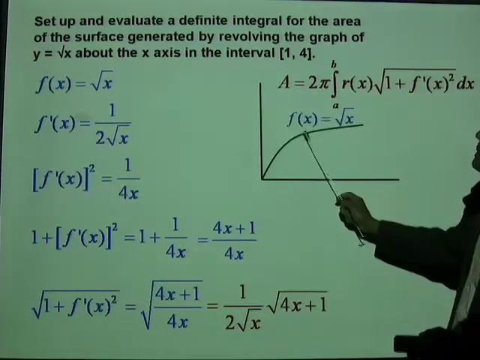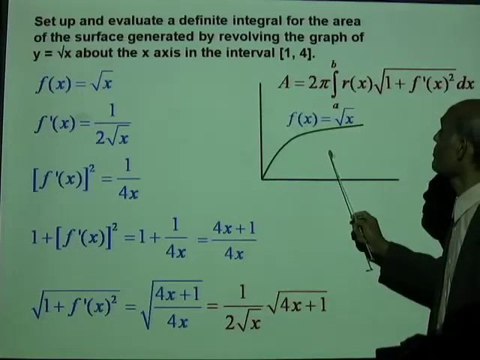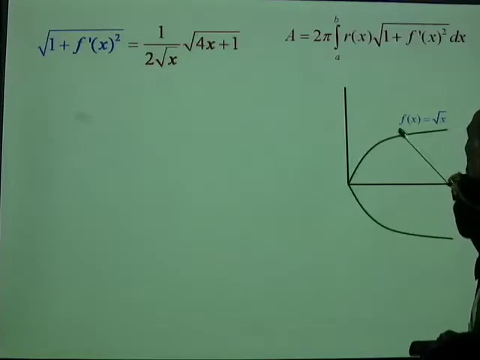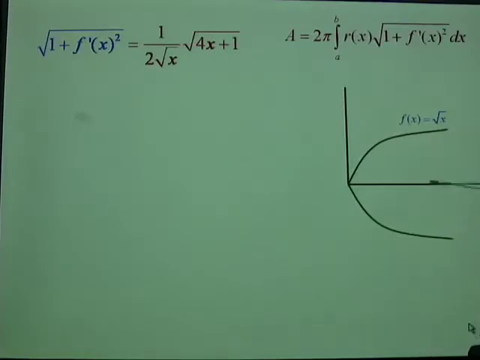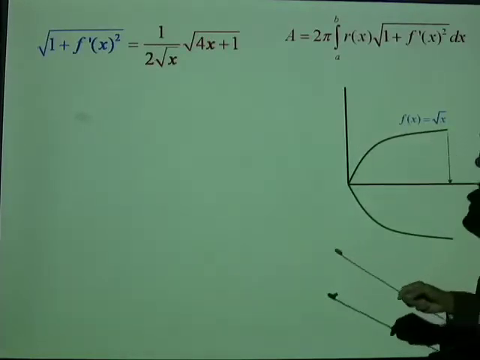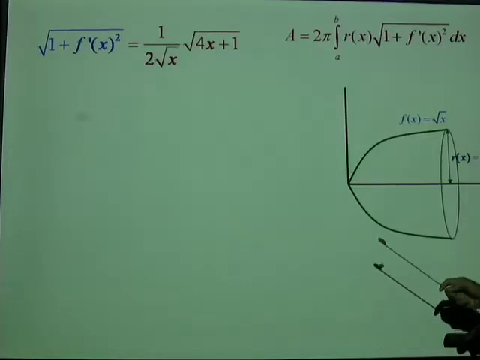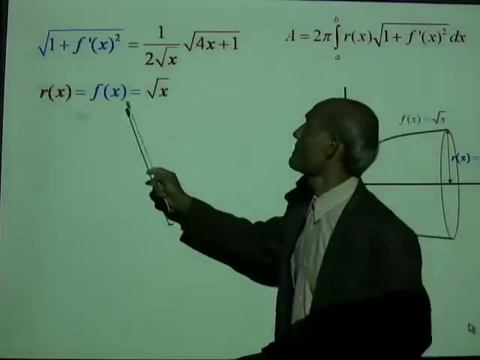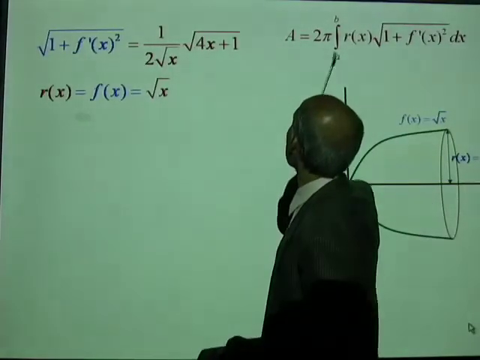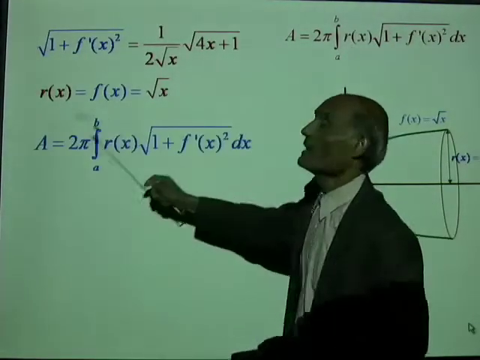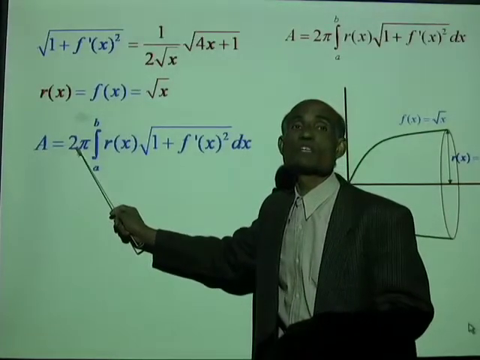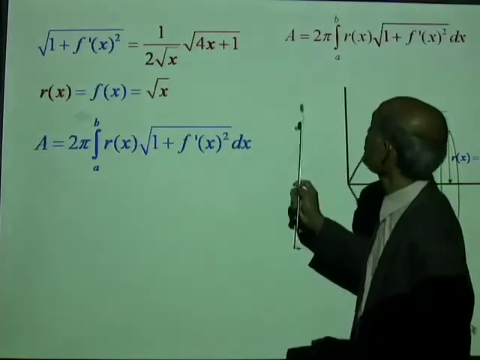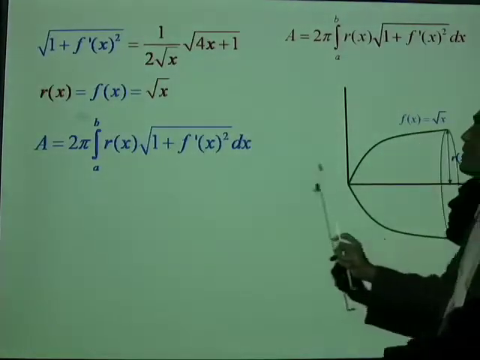So that is our f of x equals square root of x, and when you revolve, the radius will be f of x. That's right, r of x equals f of x. There you go. Let's bring it all together. The area of revolution is 2 pi integral a to b, which is given to us, 1 to 4.